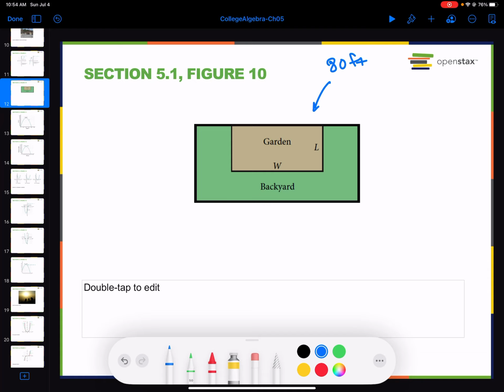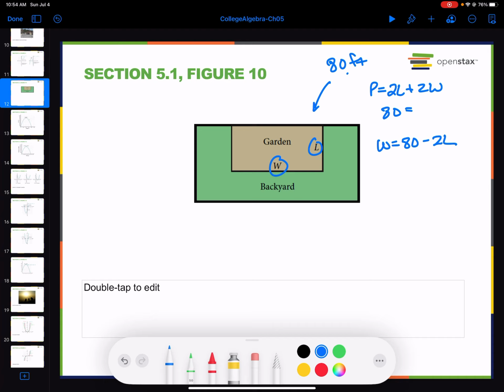Well, we don't know these dimensions, but we do know that we have 80 feet. And we know that the perimeter equals 2 times length plus 2 times the width. And the perimeter is 80. So that's going to tell us that our width is going to equal 80 minus 2L.